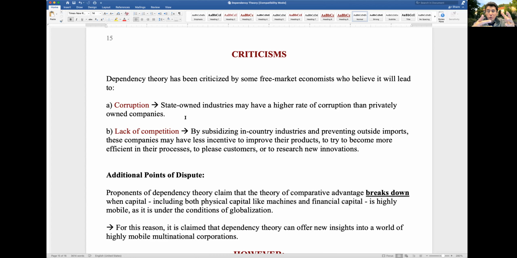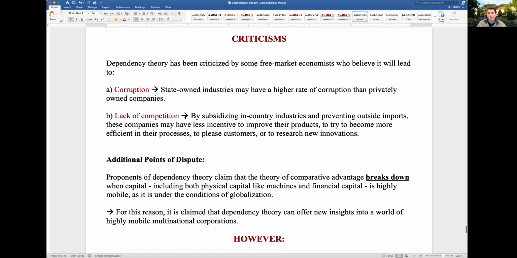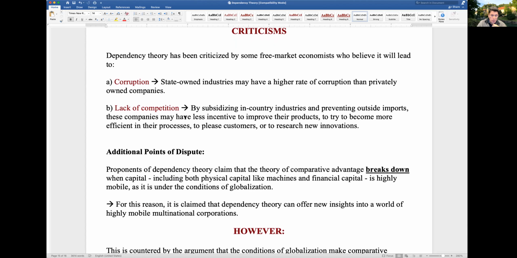And once they reach a mature age enough, they would open up to international competition. The problem was that many of these industries were overprotected. And just like when you overprotect a child, they never grow, they never develop these social skills. And once you ask them to go and look for a job or to go out on their own, they can't because they are not ready, right? So we're going to talk about this later, but at this point, this is enough. Two important criticisms that, eventually, as you will see, prove correct.